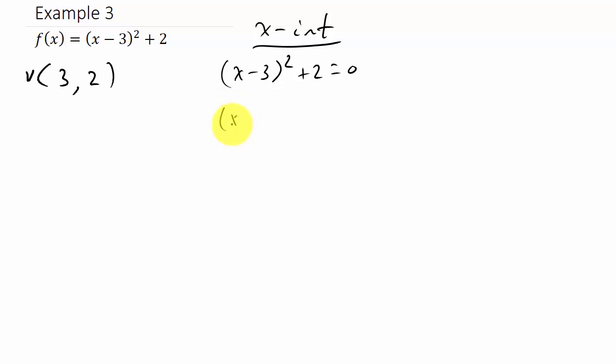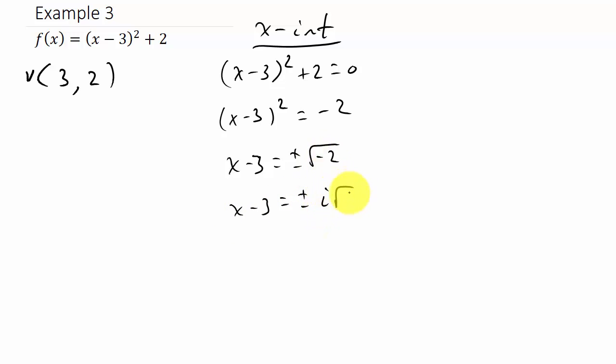So I get x minus 3 squared, subtract 2 from both sides, equals -2. And so I get x minus 3 equals plus or minus the square root of -2. And so I get x minus 3 equals plus or minus, remember this, i square root of 2. And so x equals, move the 3 over, 3 plus or minus i square root of 2.